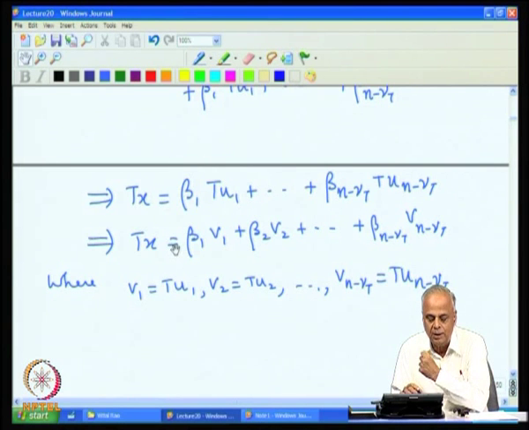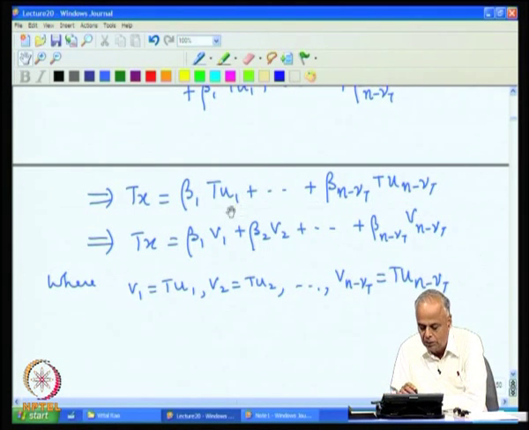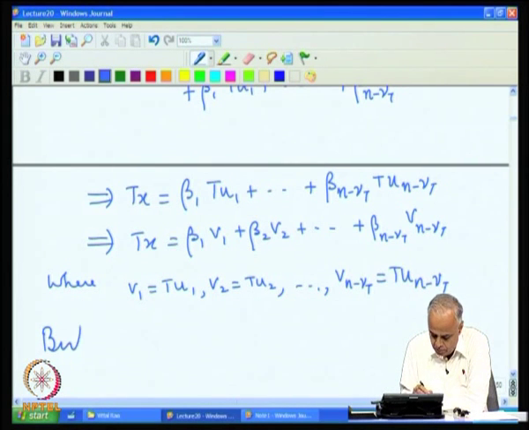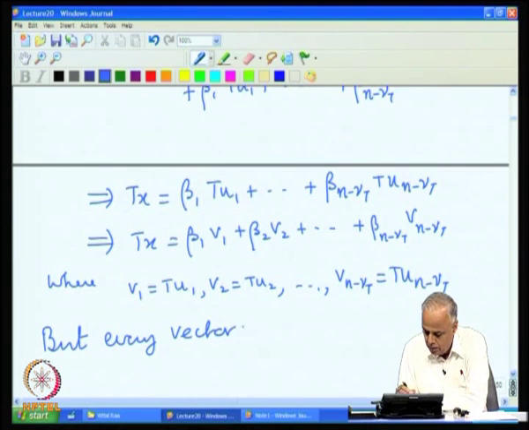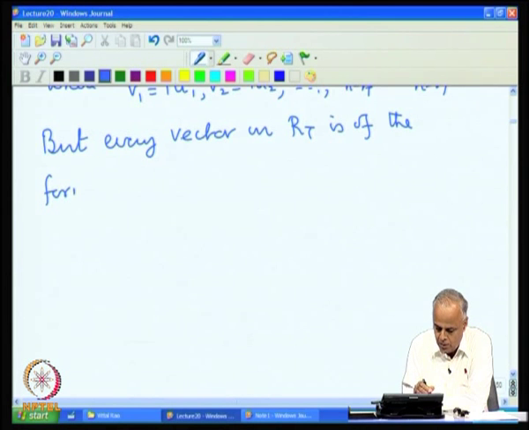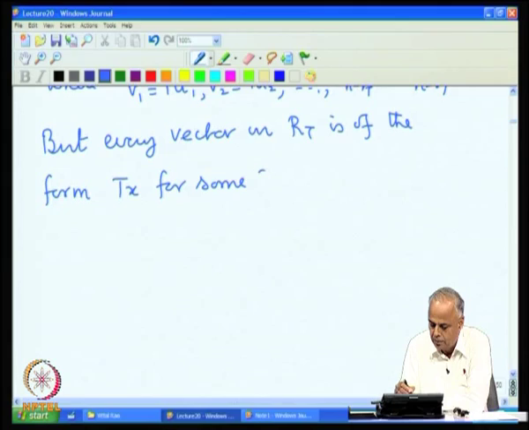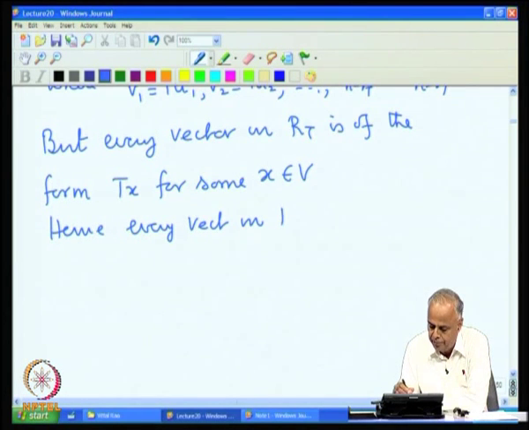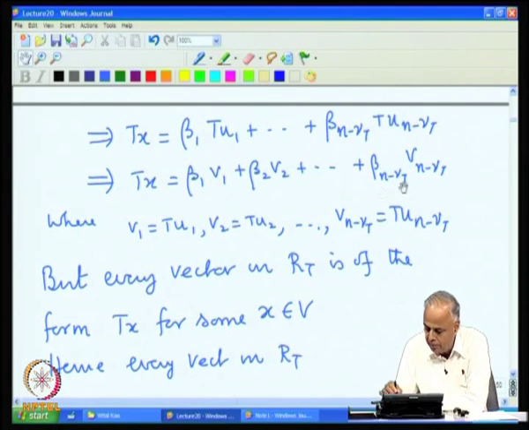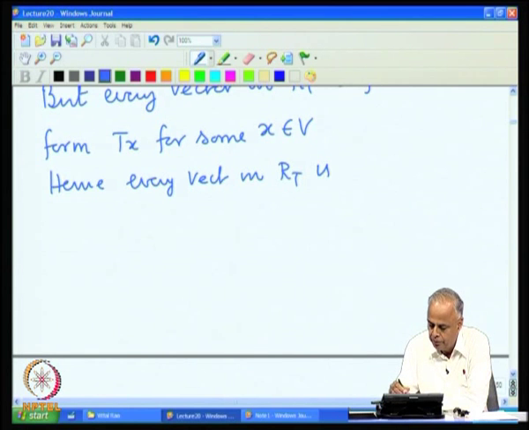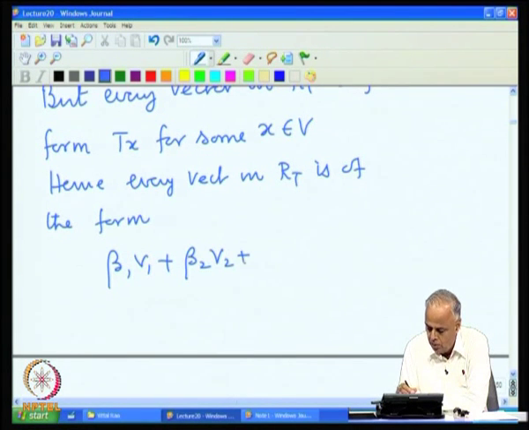But all the vectors in the range of T are of the form T of some vector in V. So, therefore, every vector in the range of T, since it is of the form T of x, must be of this form: beta 1 v 1 plus beta 2 v 2 plus etcetera beta n minus nu(T) v n minus nu(T).